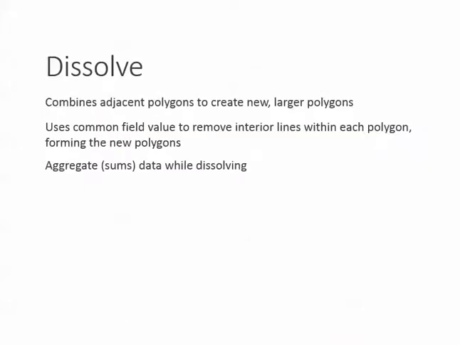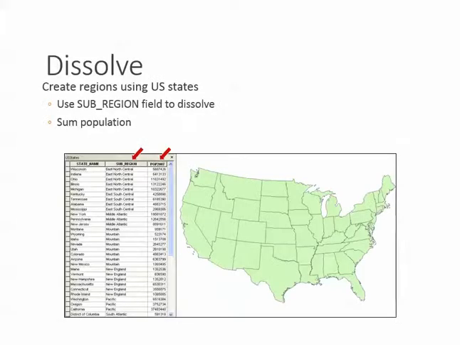You've also been working with the Dissolve tool, which combines polygons to create new larger polygons. It uses a common field value to remove interior lines within each polygon, forming a new polygon, and it also aggregates sums of data while dissolving. An example of that would be if you had all of the states within the country, and you know that those states are divided into sub-regions of the country.